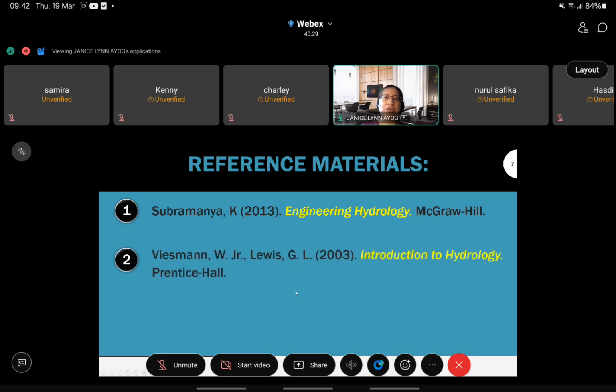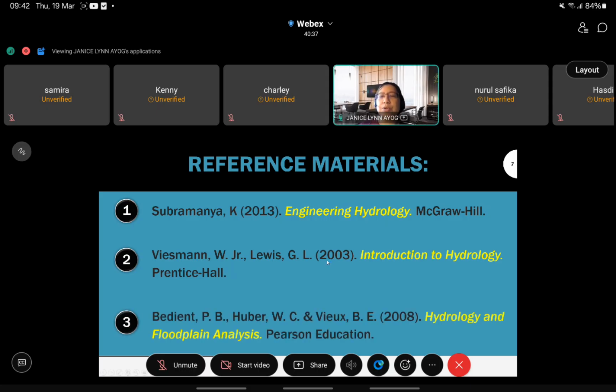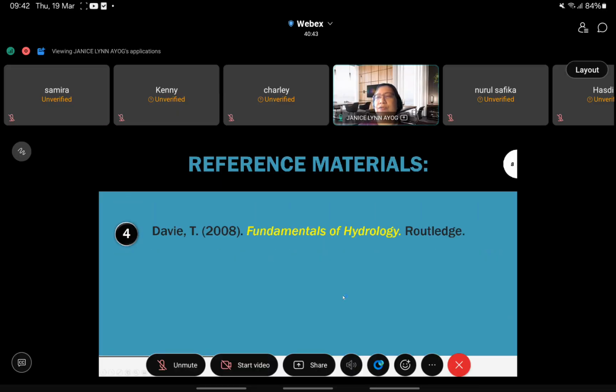This is the one I normally go with. The rest would be some of the hydrology books that you can find in the library, or any hydrology book that you can find online. I still can accept that. Just refer to the topics that we're going to cover for this course to guide you to choose which textbook to refer to.